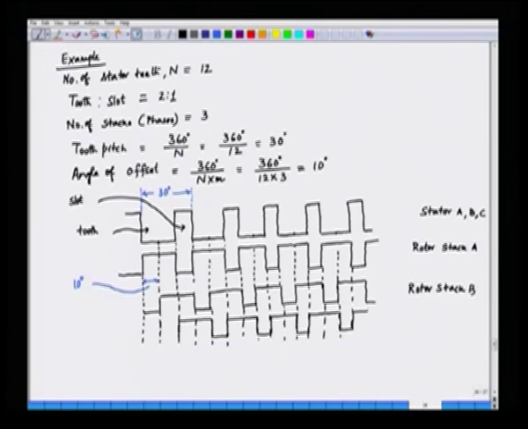And again we have a slot here, then a tooth here. This angle is again 10 degrees. And this is for rotor stack C.